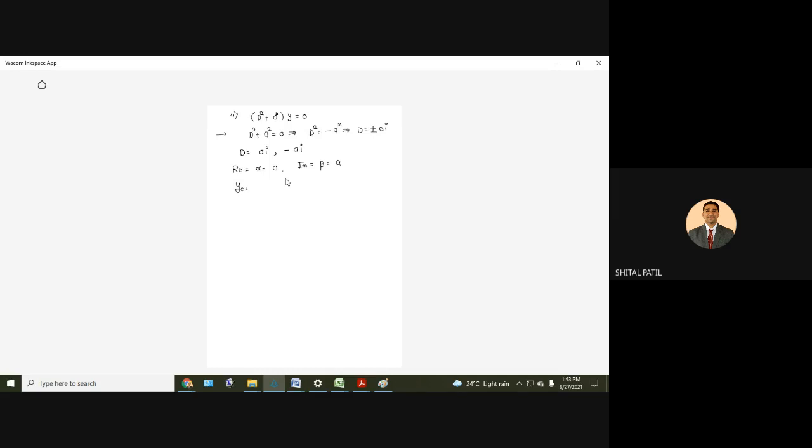So, y of c equal to c1 cos of beta x plus c2 sine of beta x, into e raised to alpha x, that is 0x, and e raised to 0 is 1. So, c1 cos of x plus c2 sine of x.